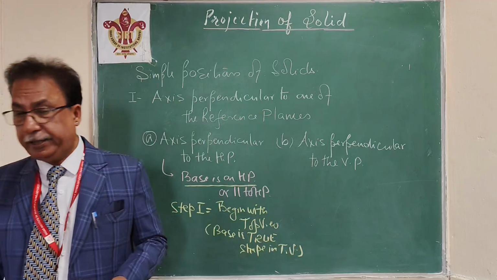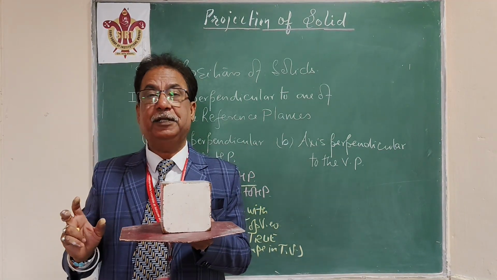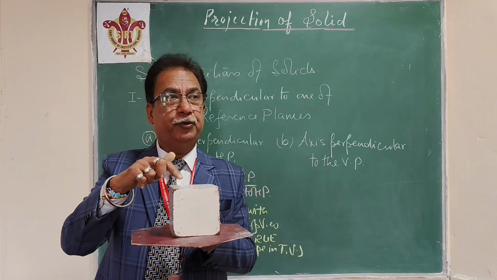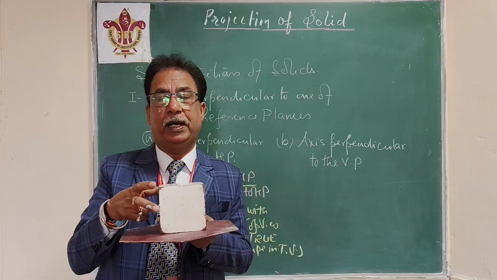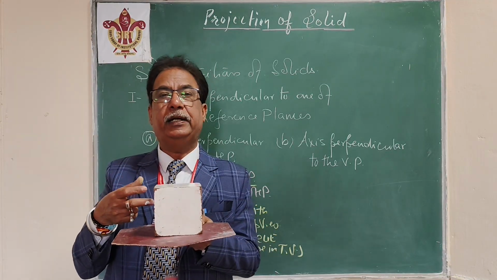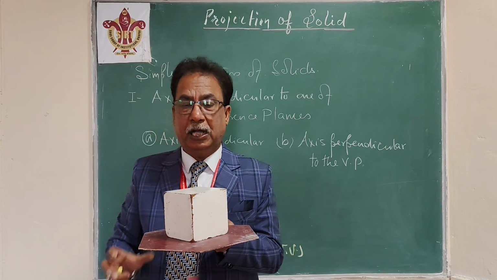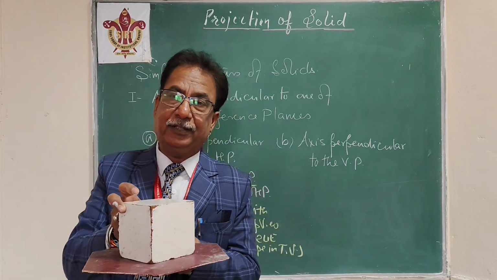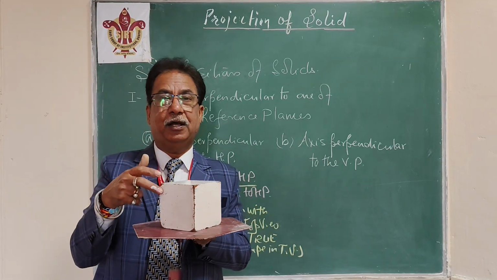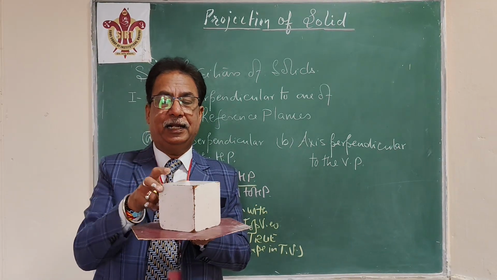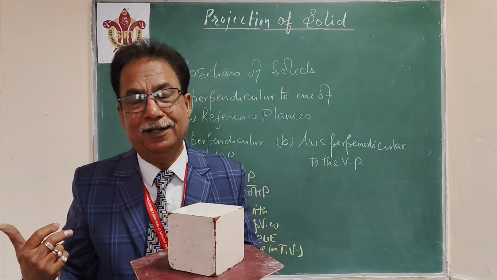In the case of a cube, if I keep it like this, this is the simplest position. The top view looks like a square, the front view a square, and the side view also a square. Maybe you can argue that I can draw the front view first. But if I rotate it like this, the cube again has one face on the HP, but this is a very interesting and likable position, where all the faces are equally inclined to the VP.